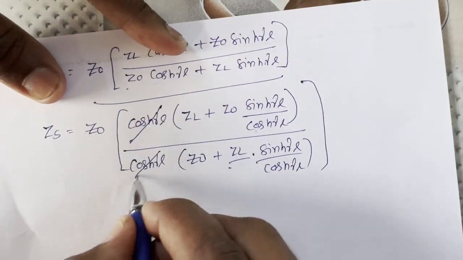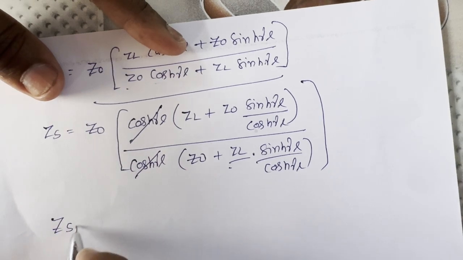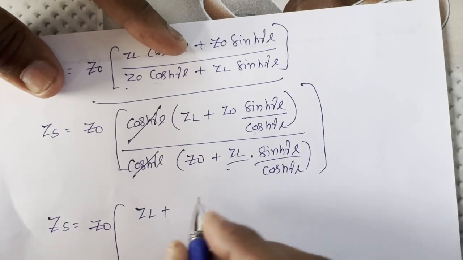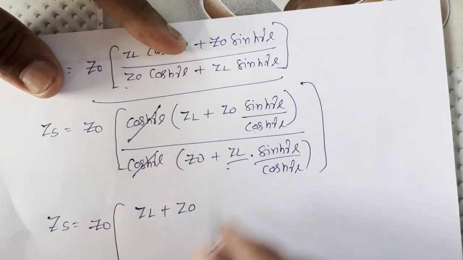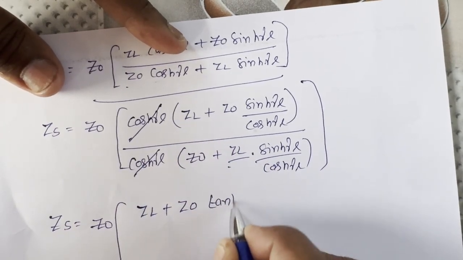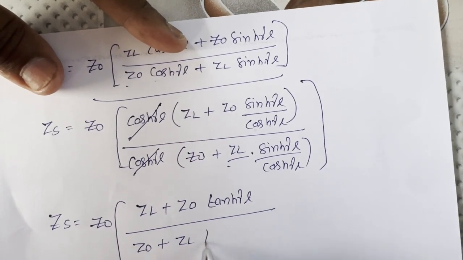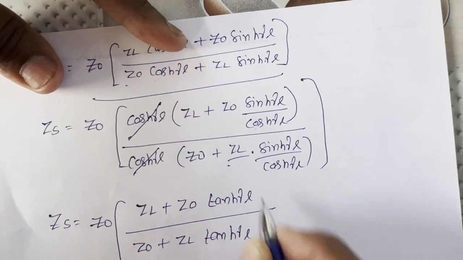Here this one gets cancelled, then Zs equal to Z naught into ZL plus Z naught sinh by cosh, that is tanh γL, by Z naught plus ZL tanh γL.